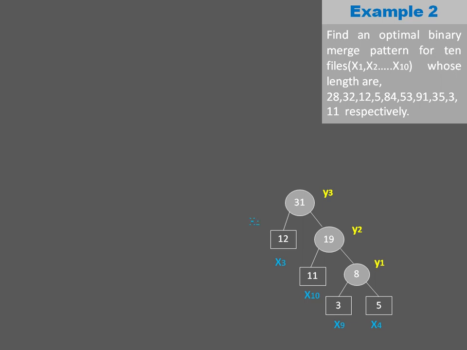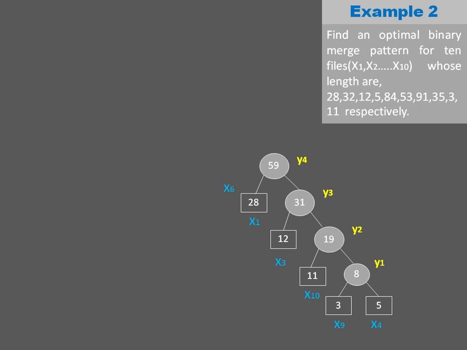Then we merge x1 with y3. x1 contains a total of 28 records and y3 contains 31 records. When we merge these two files, the merged file will contain 59 records. We write its name as y4.